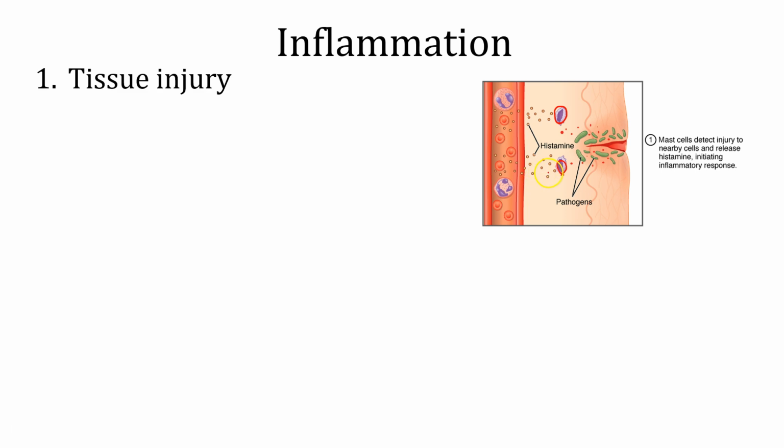A mast cell is kind of like a basophil inside the blood, but it's out in the tissues, in the connective tissues. And so when there's injury to the body, generally the mast cells will start releasing histamine, and histamine is the big compound that initiates the inflammatory response.